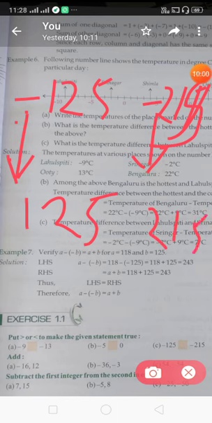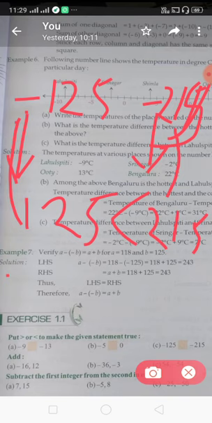Now you think which number is greater. Say this is greater because both numbers are positive. But in the case of negatives, when the negative signs apply, we have to write minus 125 and minus 215.